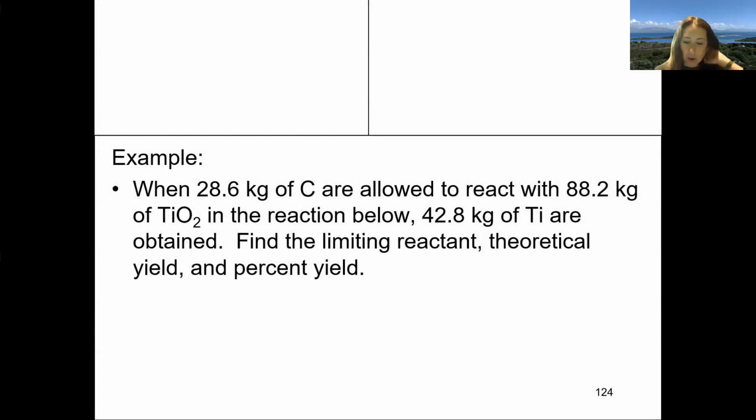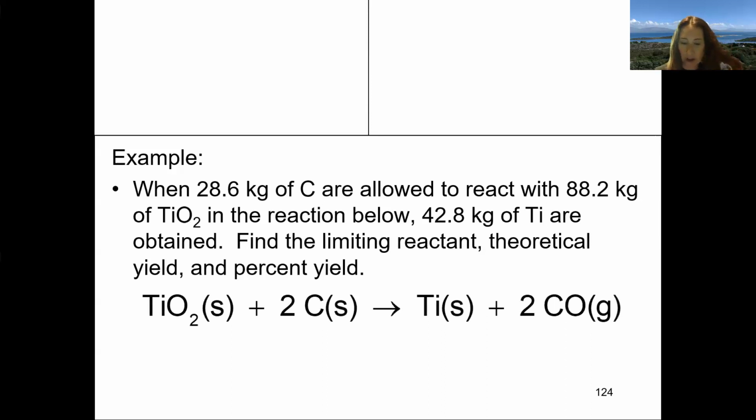So here's our example. When 28.6 kilograms of carbon are allowed to react with 88.2 kilograms of TiO2 in the reaction below, 42.8 kilograms of Ti are obtained. Find the limiting reactant, the theoretical yield, and the percent yield. Okay, a lot of times people see this and they're like, whoa, wait, what? All right, let's look at what we've got.